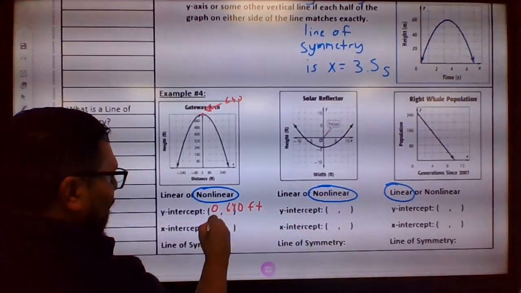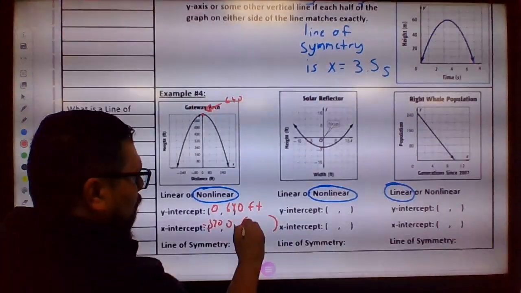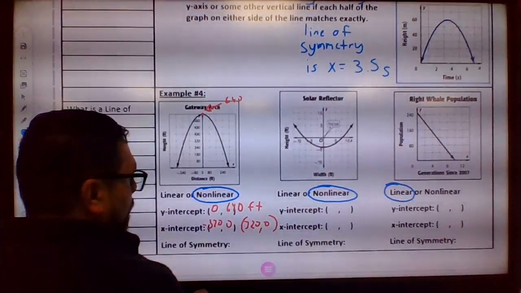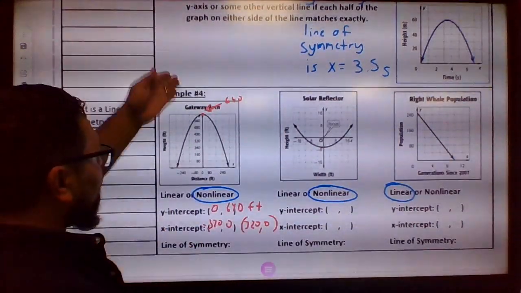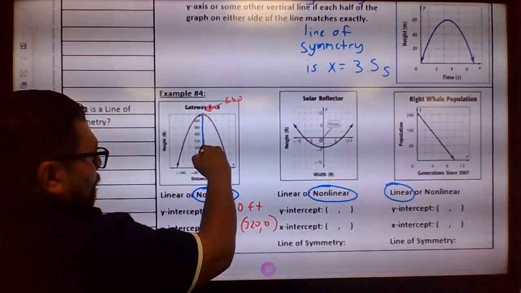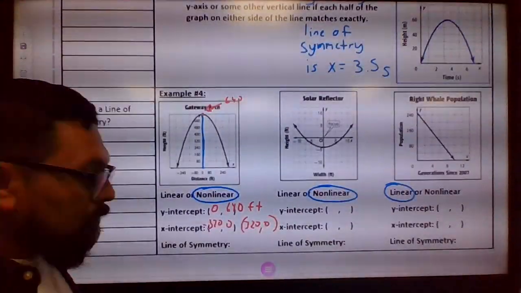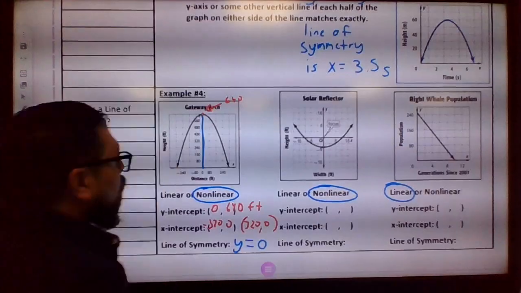So negative 320, 0, and then the other one is 320, 0. And then let's look at the line of symmetry. Where does this split it in half? It looks like it splits it in half at 0. So the line of symmetry is at y equals 0.